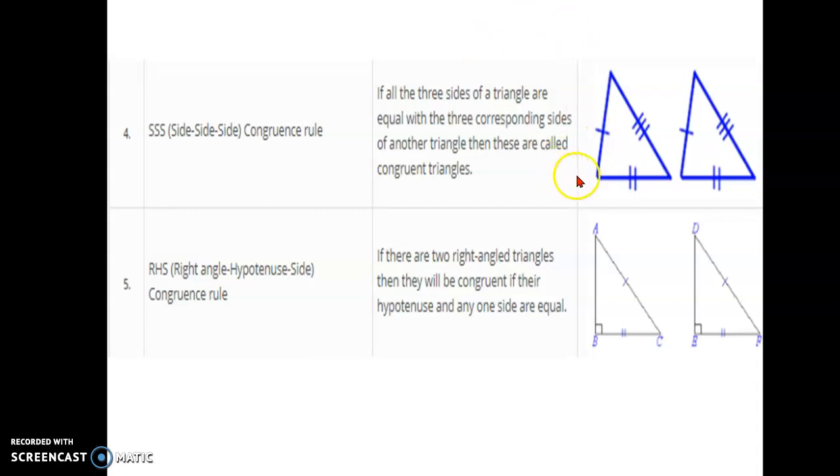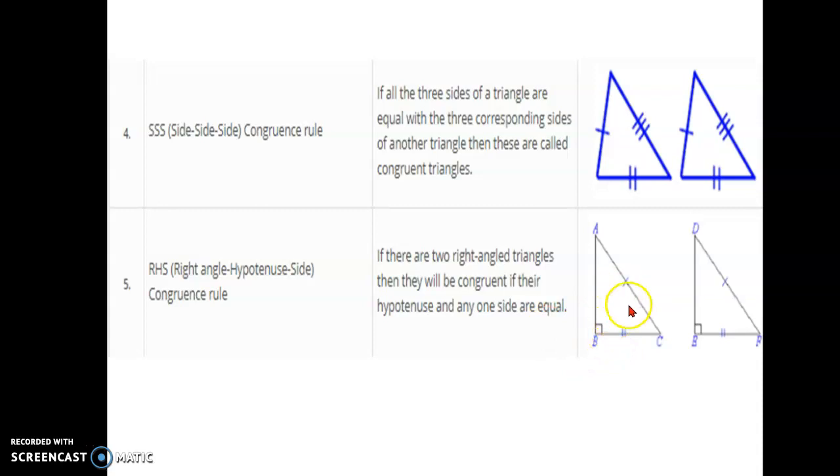Okay, so the next rule is the RHS congruence rule, that is right angle, hypotenuse, side. This rule is applicable only for right triangles. If the triangle is a right triangle and the hypotenuse and one side are equal, then you can say these two right triangles are congruent. So the first condition is the right angle; it should be a right triangle.